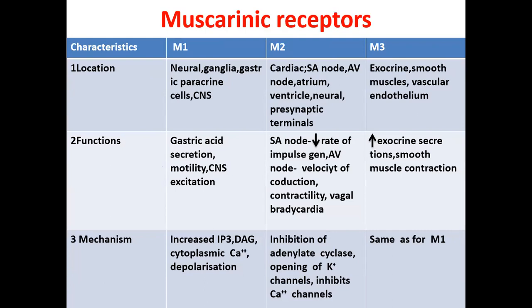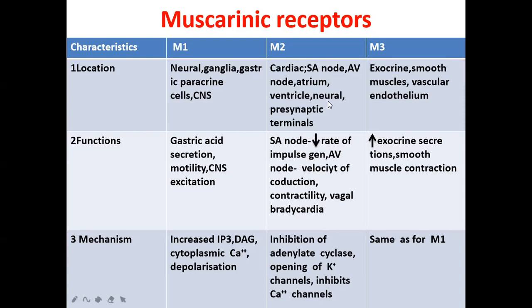These are the characteristics of muscarinic receptors with respect to location, functions, and mechanisms. M1 is located in neural tissue, ganglia, gastric paracrine cells, and the CNS.